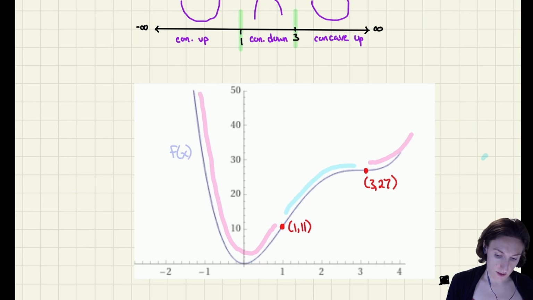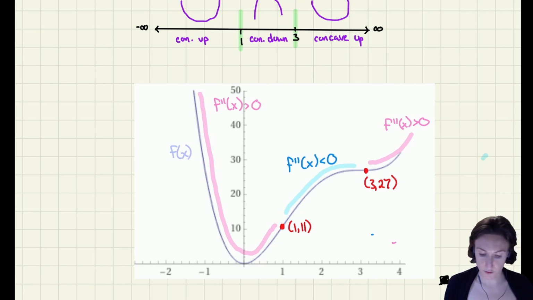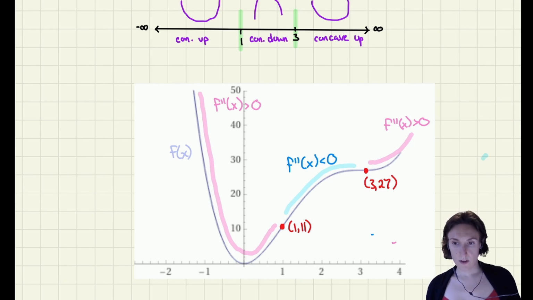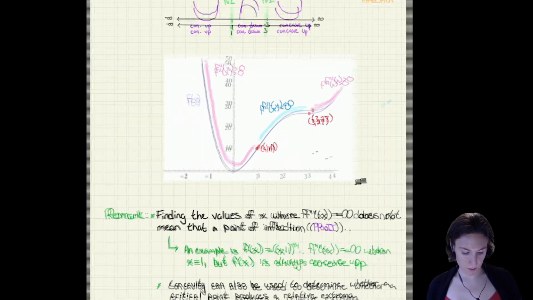Okay, so this is where our f double prime of x is greater than 0 in the pink parts. And then f double prime is less than 0 in this blue part. Okay, just to build a bit of intuition.